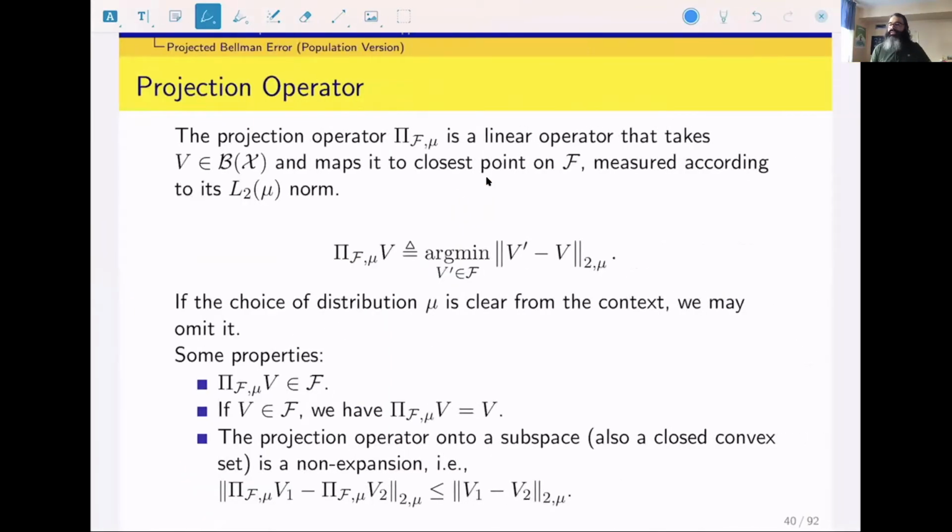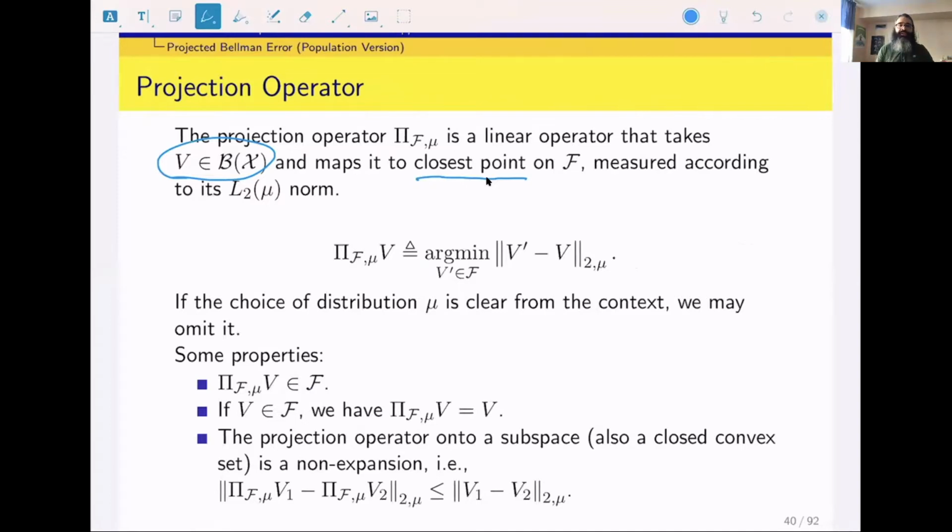Okay, so this is the definition of the projection operator. The projection operator is a linear operator that takes a function V defined in that domain. That function is often outside the function space F, and the operator maps it to the closest point on F. The question is how we define the closest point.